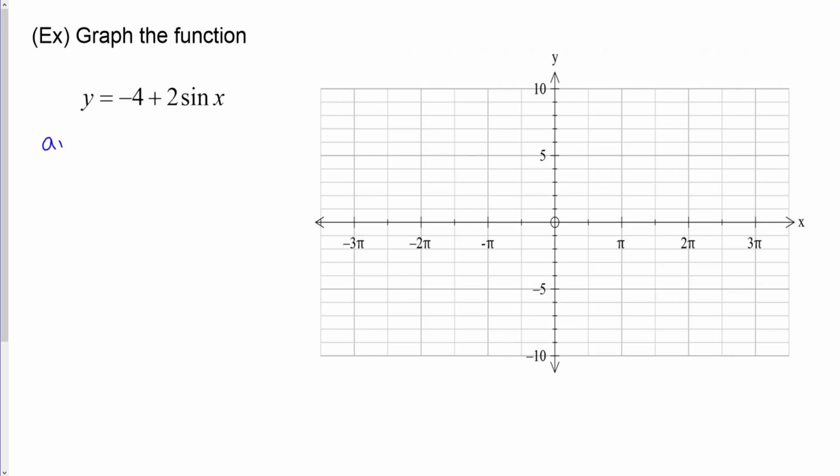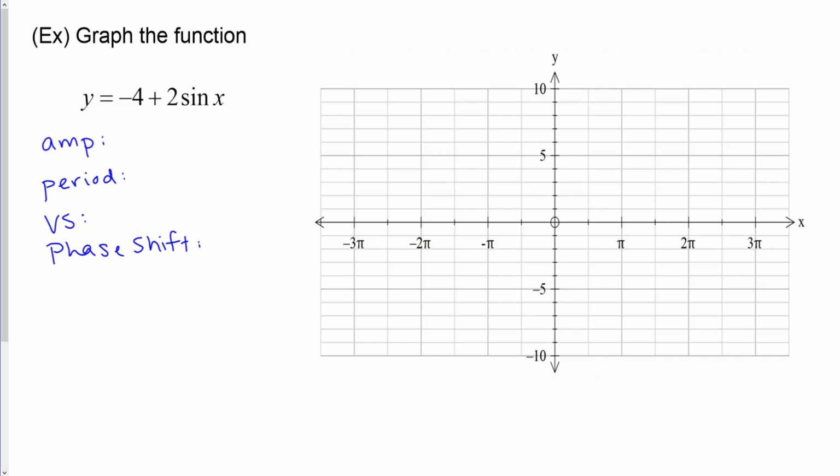Let's just list them out. So we could have an amplitude change, a period change, a vertical shift, and a phase shift. So let's list all of them that are occurring in this case.